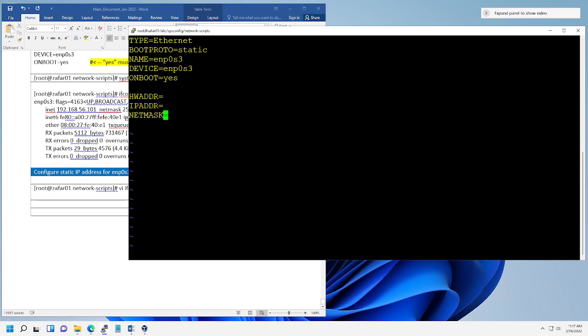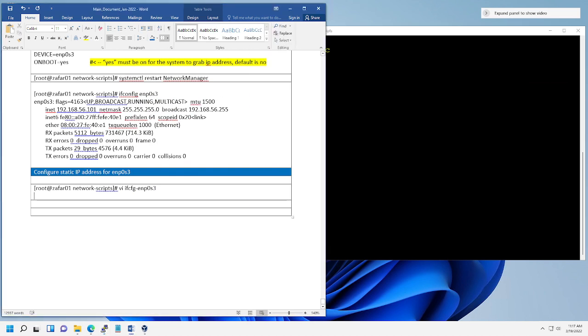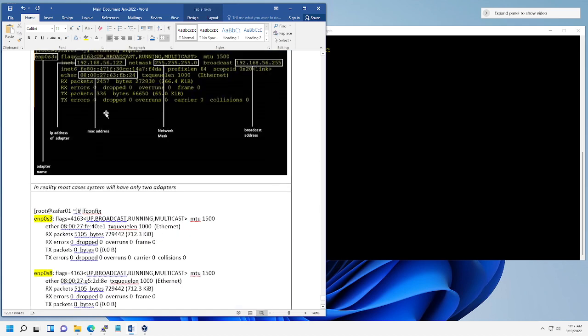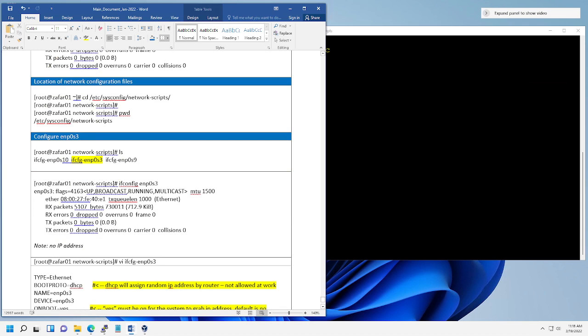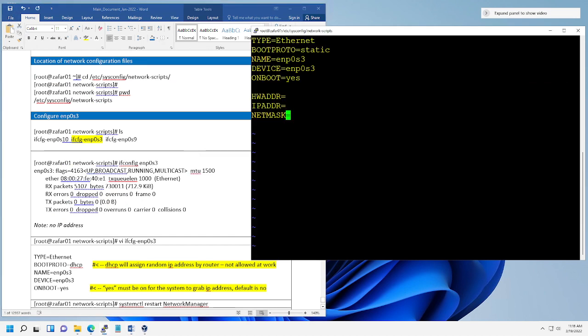I need the hardware address here. Earlier I told you the MAC address is the hardware address, so I'll go back into my information and grab it. Okay, this is the hardware address.